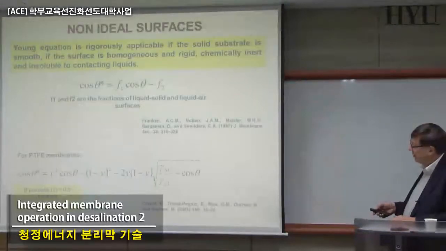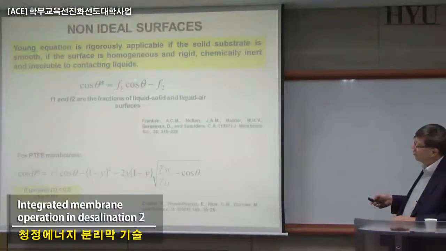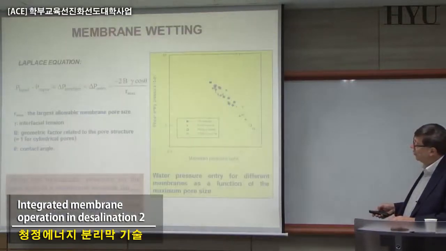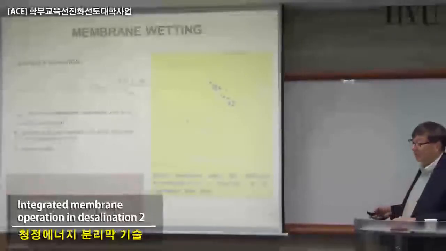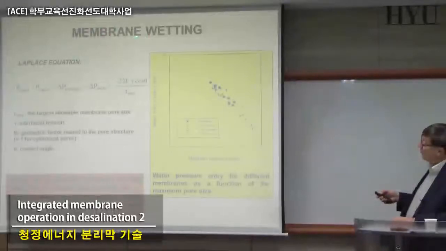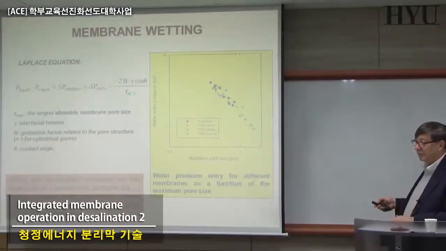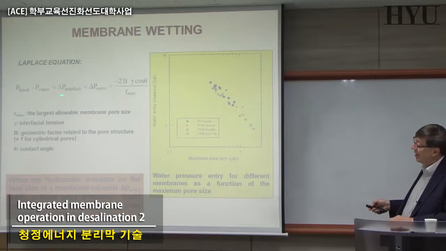This data already exists. You have to correct the equation for the porosity and tortuosity which exist in your material, and we learned that already. What I want to show you, however, is why this is important, because the problem of wetting, losing hydrophobic character, is related to the contact angle and surface energy through the Laplace equation.